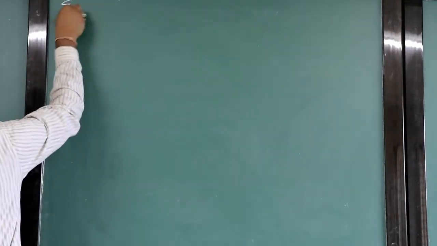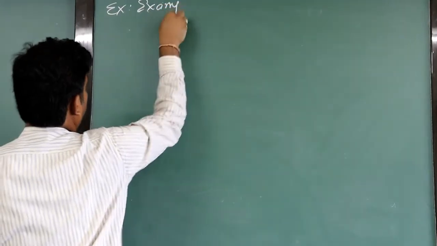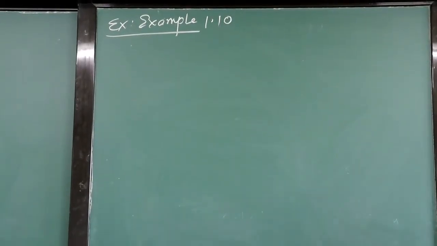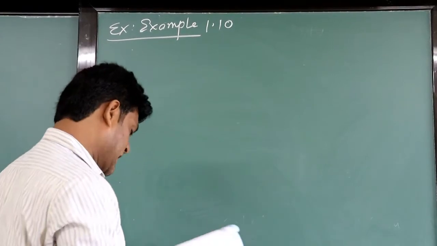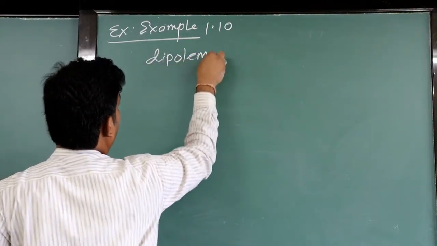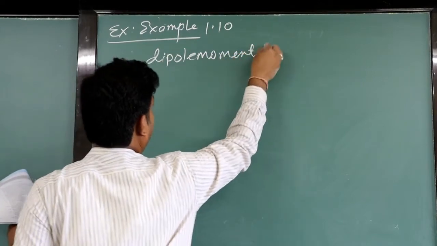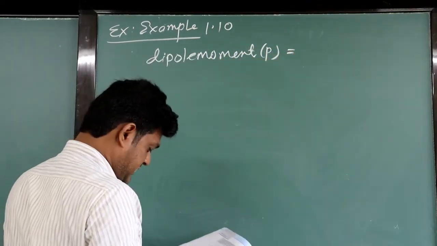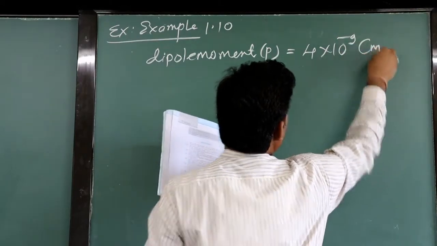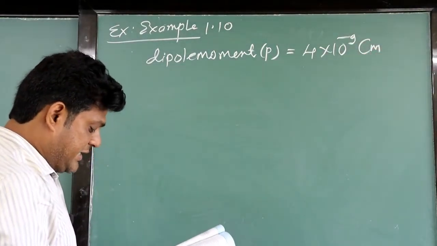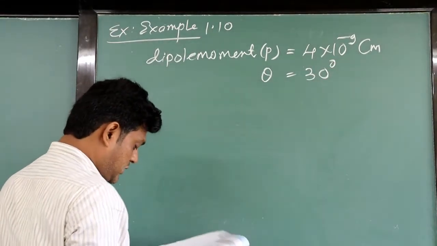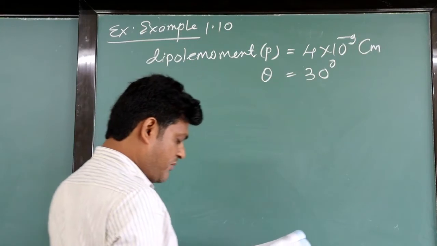See, example 1.10. What is given? An electric dipole moment P equal to 4 × 10^-9 coulomb meter is aligned at an angle of 30 degree with the direction of a uniform electric field of magnitude.